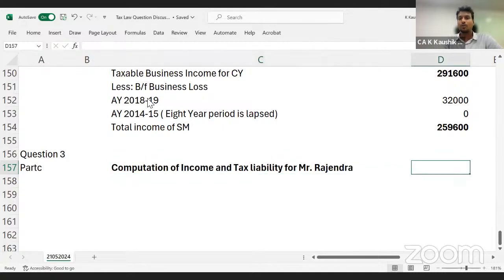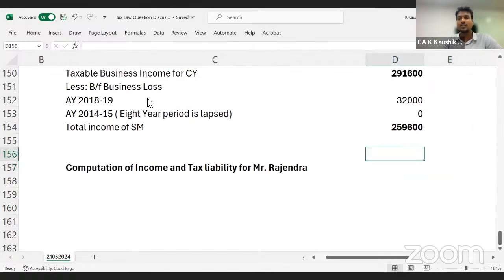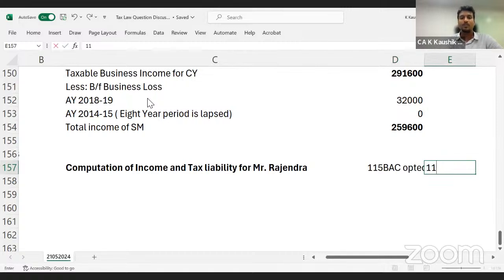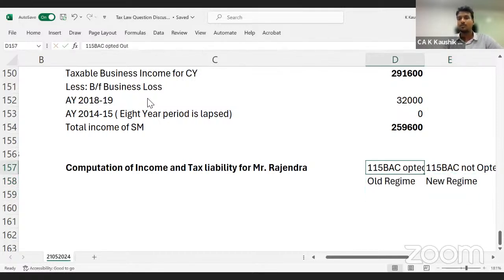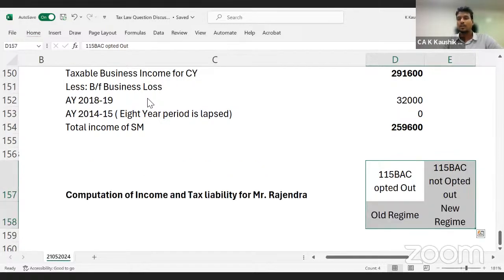We'll do both side by side, old regime versus new. 115 BAC opted out means old regime. 115 BAC not opted out means new regime. So this is the new regime and this is the old regime. We have these two options.